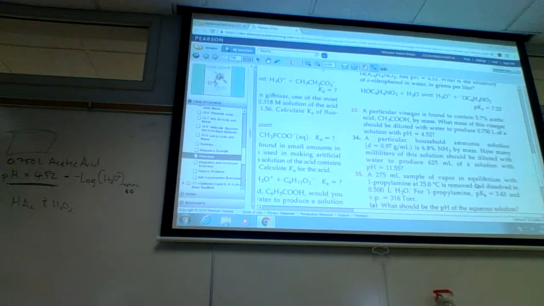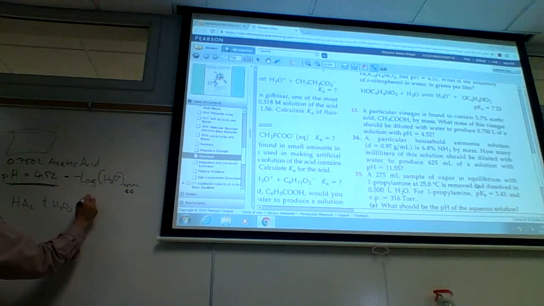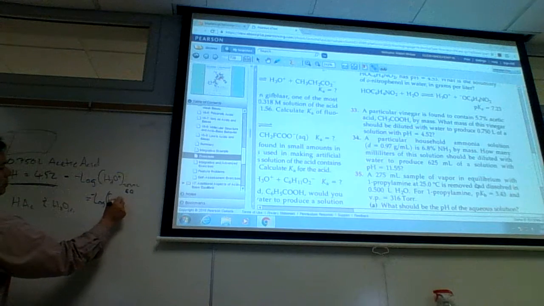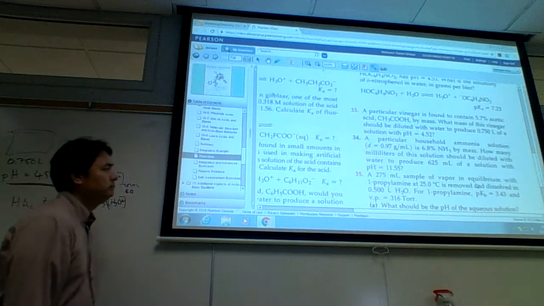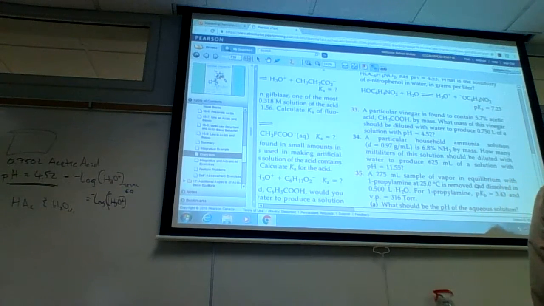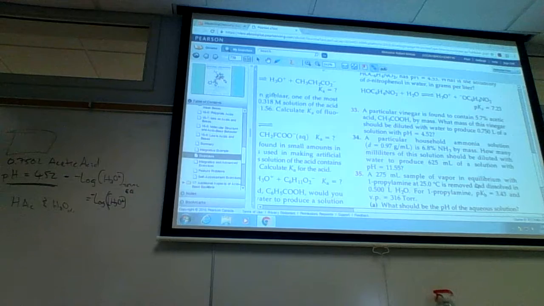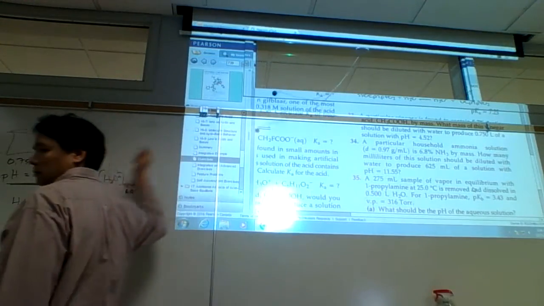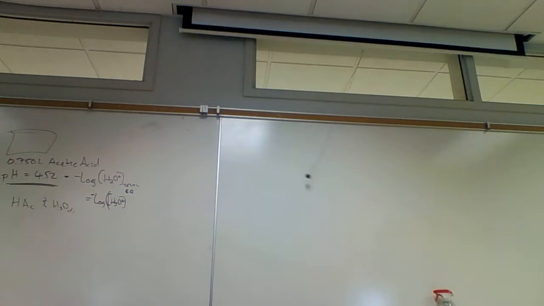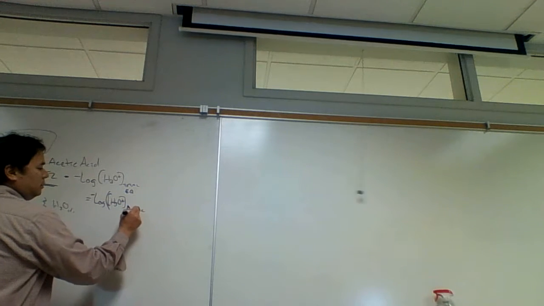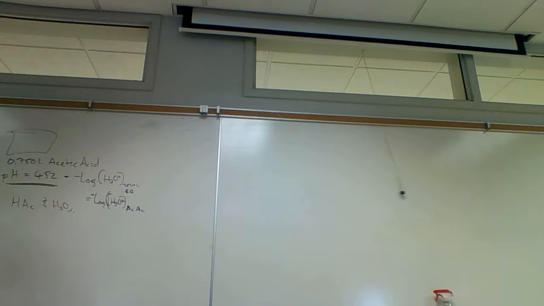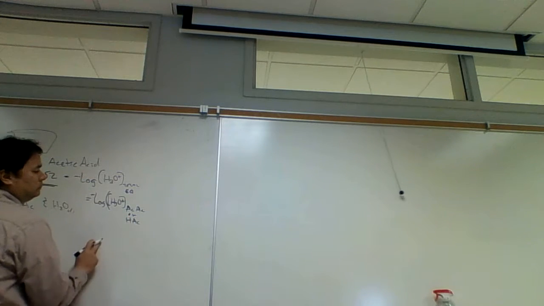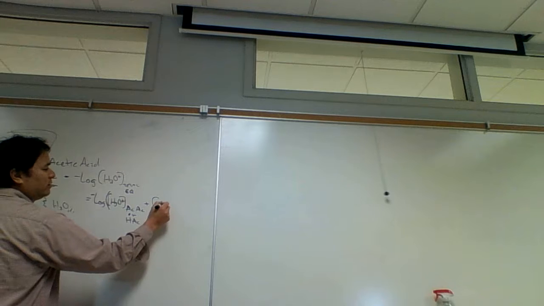And so the hydronium ion contribution will be two of them. There's going to be hydronium from the acetic acid, which can be abbreviated HAc, plus the hydronium from, what's the other source of hydronium?